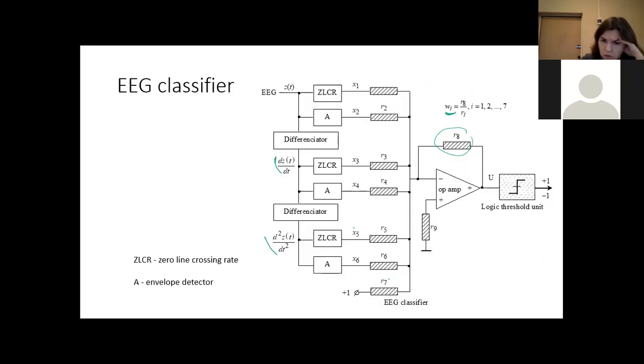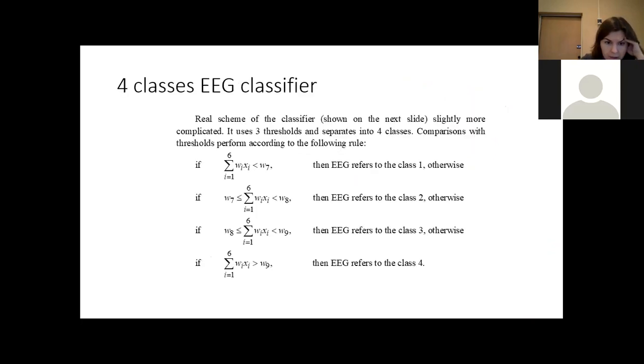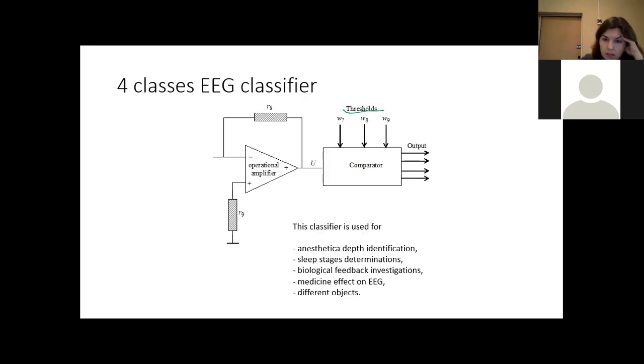Then compare this with the class: a comparator with thresholds, because in the case of 2 classes you have 1 threshold. When you have more classes, you need more thresholds to divide the projection.